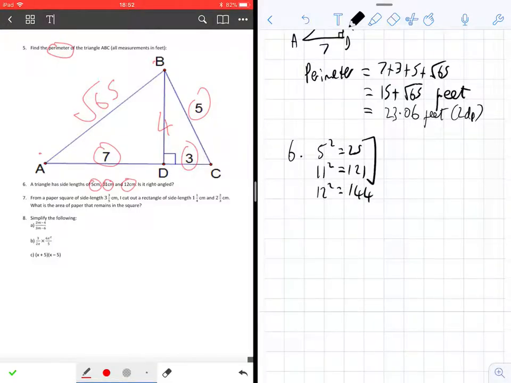I'm going to say, do these two add up to the third one? 146 is obviously not 144, so it is not right-angled. So the sum of the two smaller squares is not equal to the larger square.